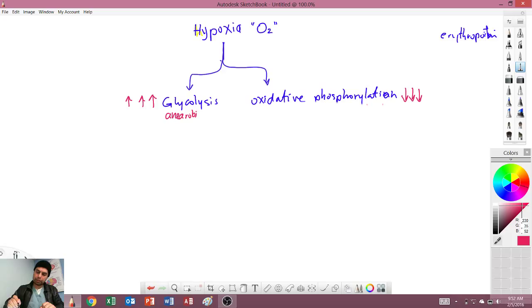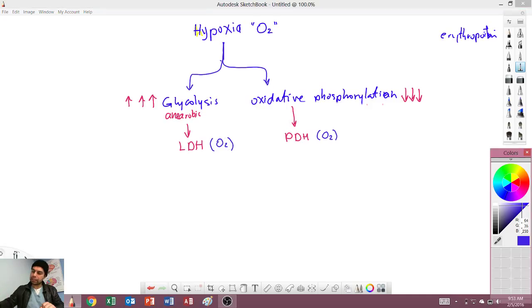The enzyme that primarily drives oxidative phosphorylation is pyruvate dehydrogenase, the initial one. The enzyme that drives glycolysis is lactate dehydrogenase. Pyruvate dehydrogenase depends on oxygen. Lactate dehydrogenase depends on lack of oxygen.